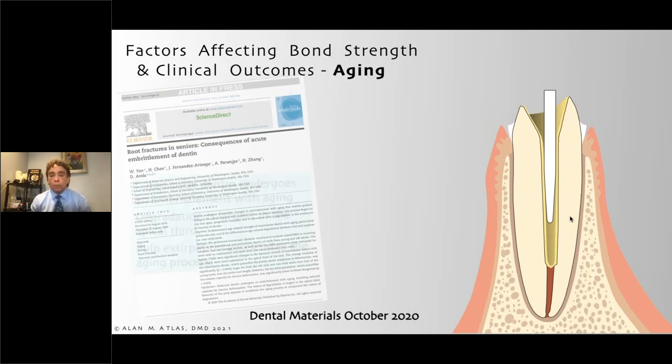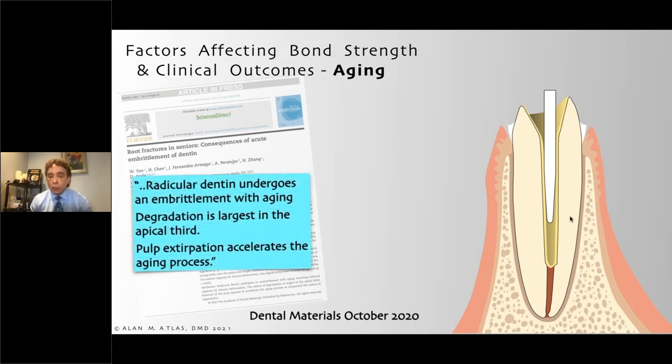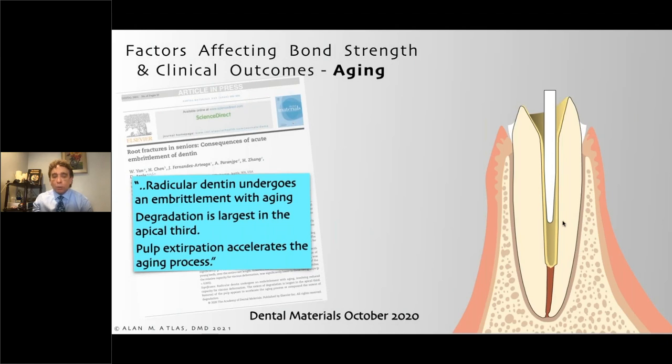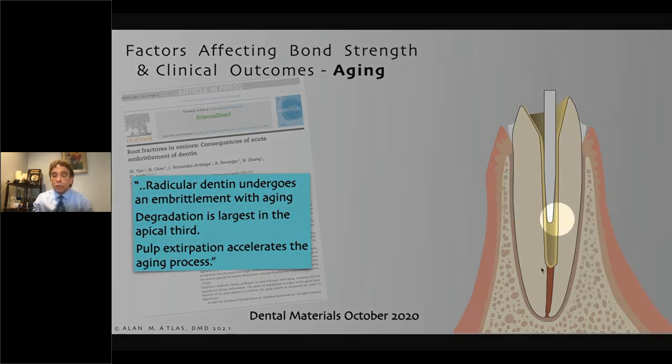But we do know radicular dentin undergoes an embrittlement with aging. Okay, there is some change here, but more so here. Degradation is the largest in the apical third, so pulp expiration accelerates the aging process. So whenever you're doing that, it's going to create more brittleness in that apical area.